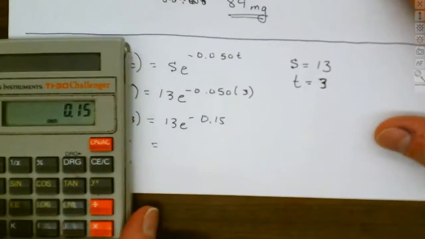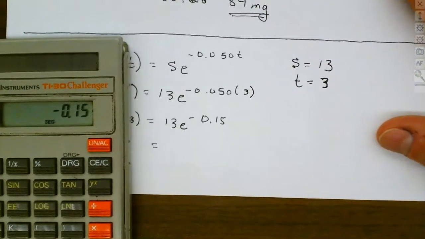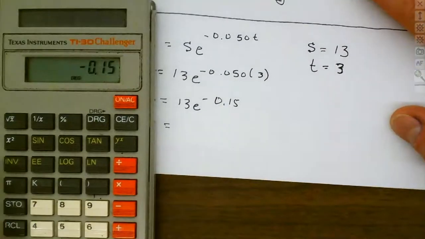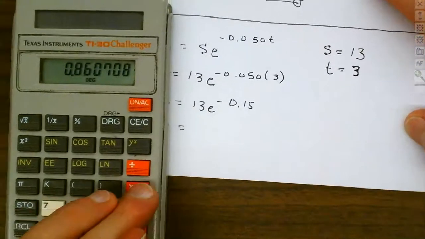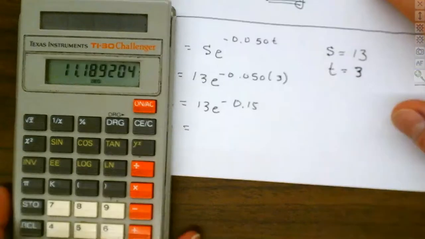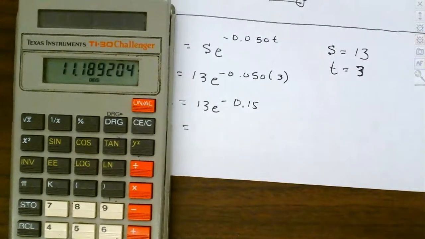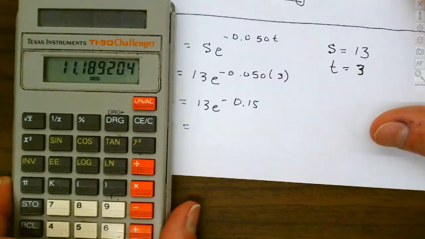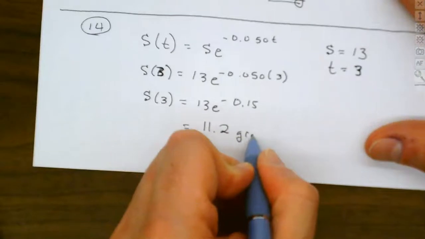Let's do it in both calculators so we see. We take the 0.15, we make it negative. We want to use the second or inverse, ln. And then we multiply that now by what? Multiply that by our 13, and that comes out to be 11.1, or 11.2 if you round. And what do we want? We want this to the nearest tenth of a gram. So that's going to be, it looks like 11.2. And that's going to be in terms of grams.